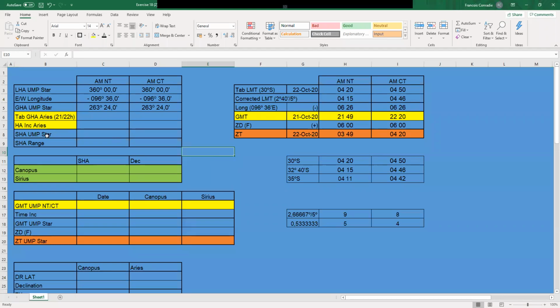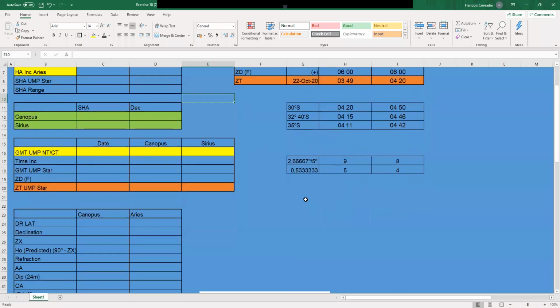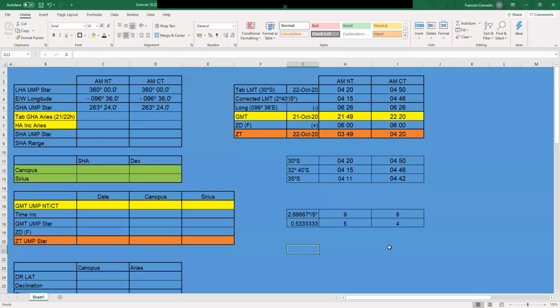We ultimately want to find the SHA for the star, so that means we need to subtract the GHA for Aries, because you'll remember somewhere in S1 you had something that looked like this: LHA star equals GHA Aries plus SHA star plus or minus longitude, something like that.